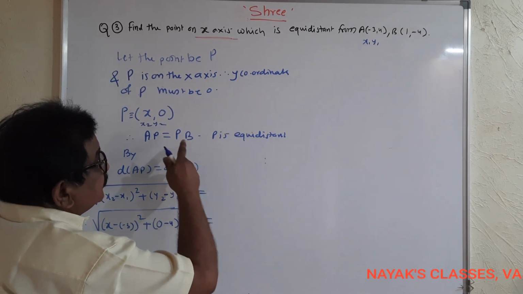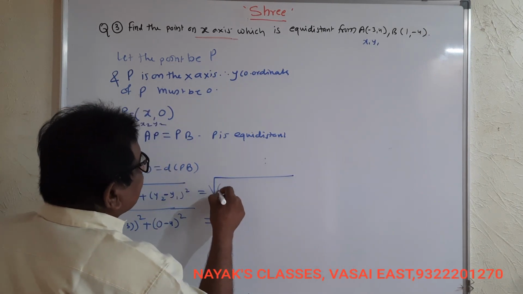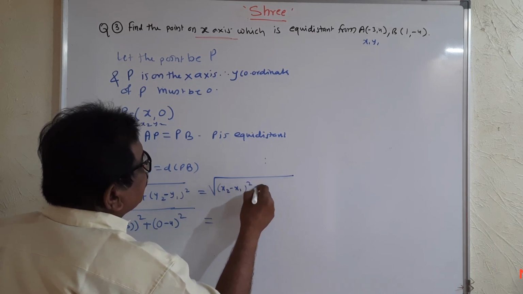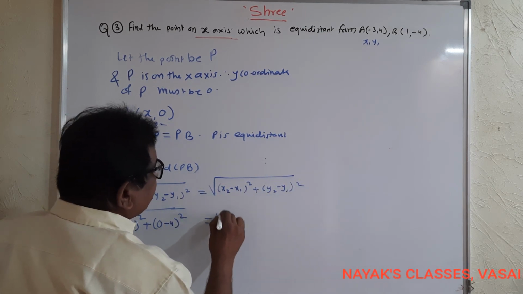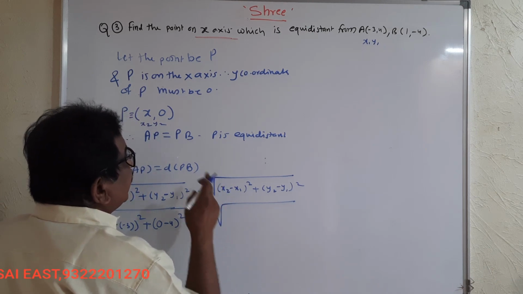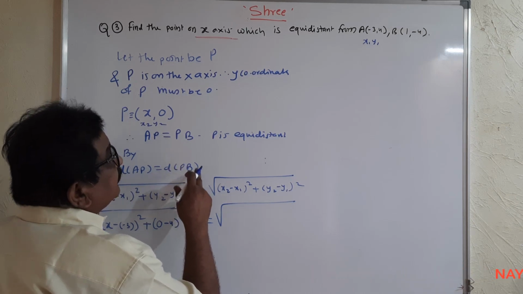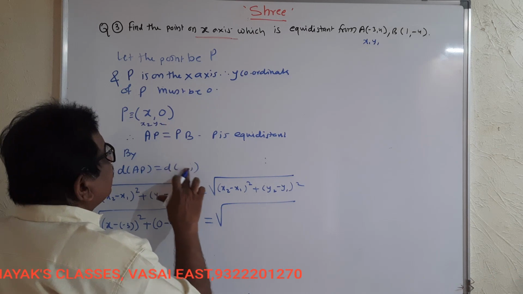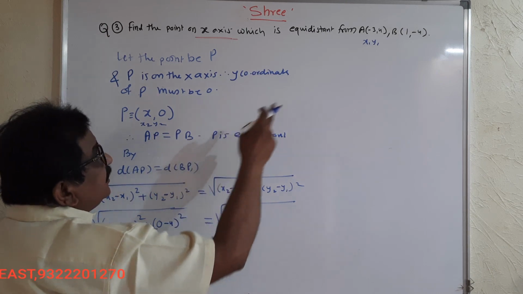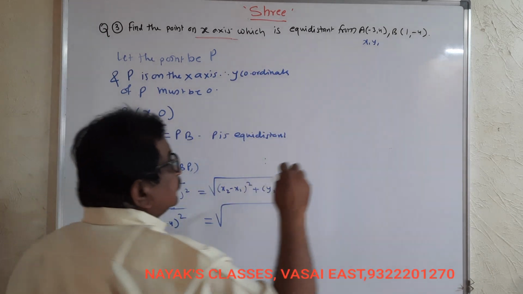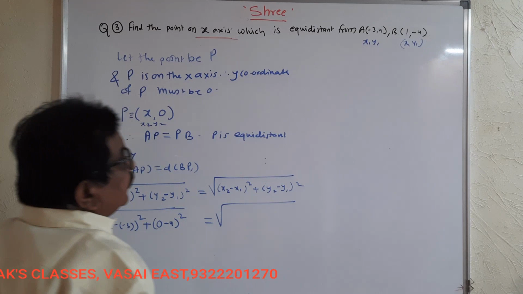Now for distance PB, the same formula: x2 minus x1 the whole square plus y2 minus y1 the whole square. Take BP: B is x1, y1, and P is x2, y2.